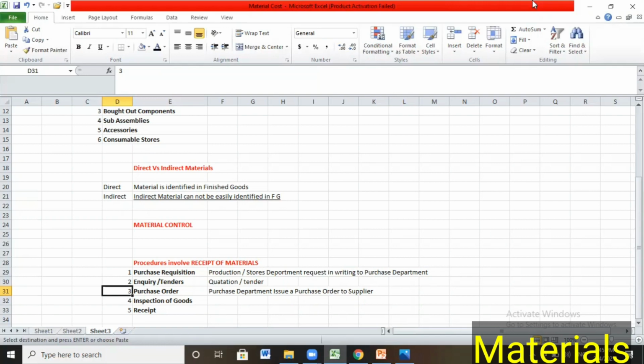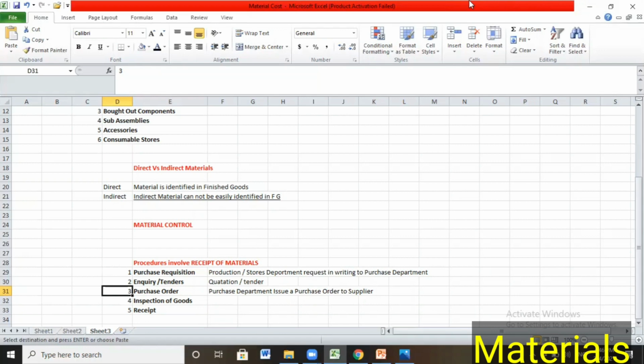And the final procedure part is receipt of goods. Once the material is inspected and accepted, it is formally received in the stores. Stores then issue a document, variously known as goods received note, material received note, store receipt note, etc. Once this document is issued by the stores, the material becomes the property of the purchasing company and the responsibility of the stores.